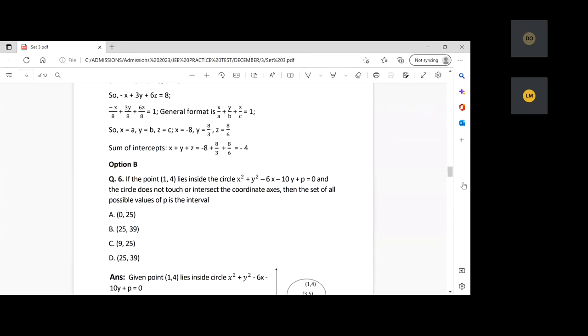Yes, somebody has typed. I think Rohit has typed it. I hope you got the answer as 25.9.